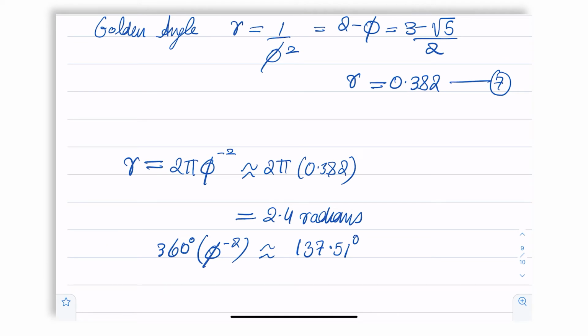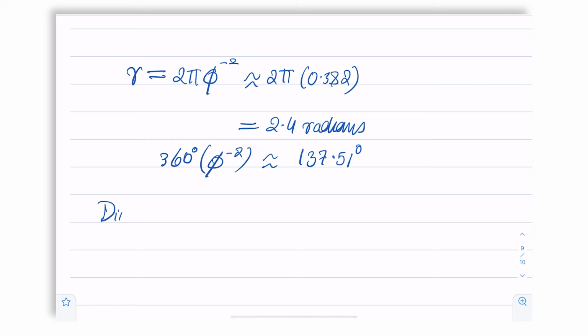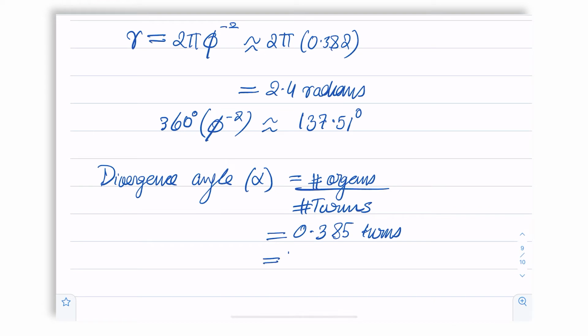This is the crux of the idea of Phyllotaxis patterns, because the divergence angle alpha that we dealt with at the very beginning, which is given as the number of organs per turn by the number of turns, for most spiral phyllotaxis is 0.385 turns, and that is 138.5 degrees.